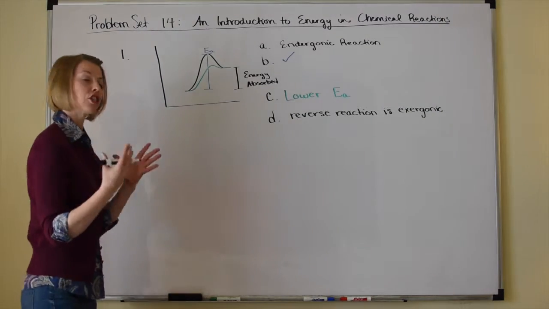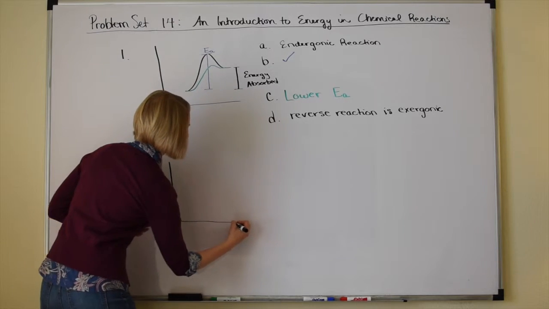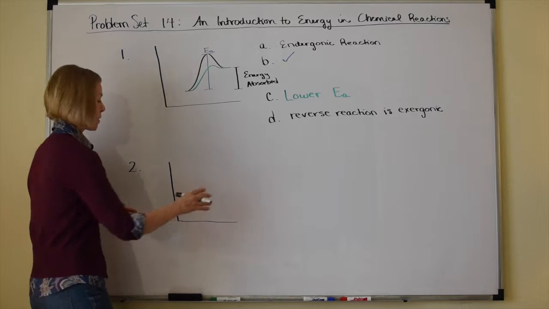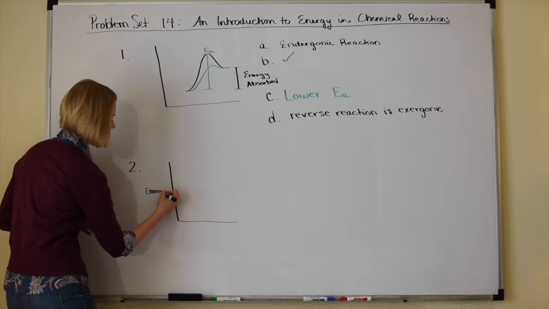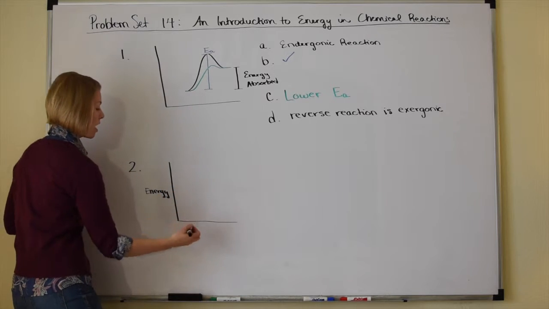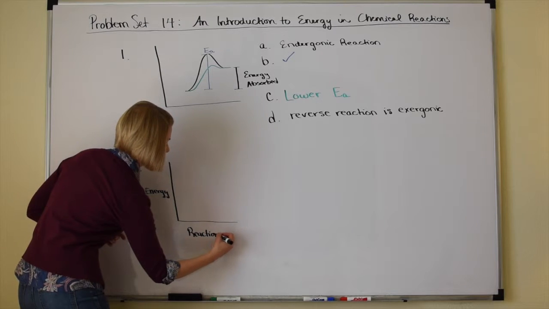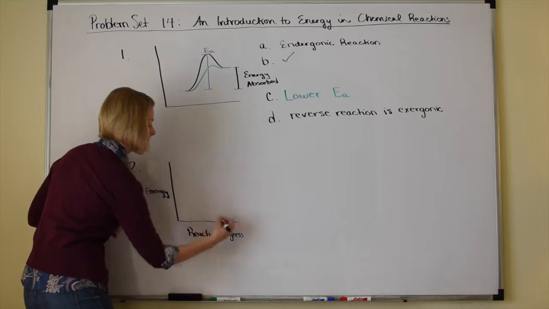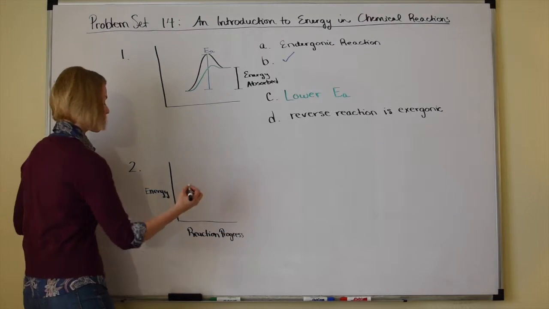So we're going to be generic here, just really want to show the generic shape of the energy diagram. So I'm going to go ahead and label energy on my Y and reaction progress on my x-axis here. So we are given that it is an exergonic reaction.